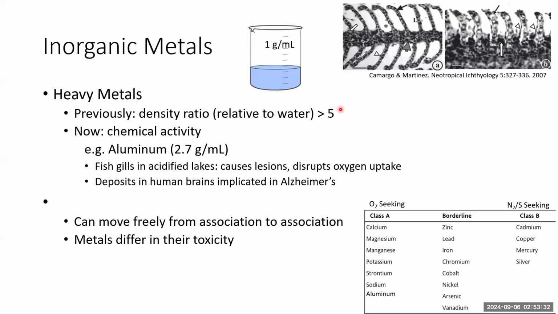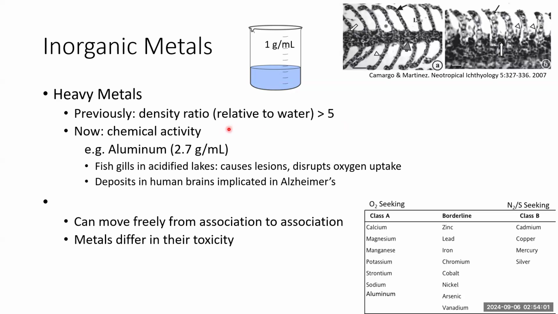And so we could calculate the density of some metal and then make a ratio of whatever that number is over 1. And that would be our density ratio. So we used to call heavy metals anything that had a density ratio of 5 or greater. So this was when we were really looking at those lower on the periodic table metals. Now we're much more concerned with metals and their ability to chemically react in a negative way.